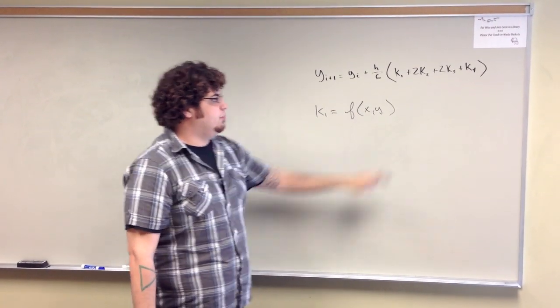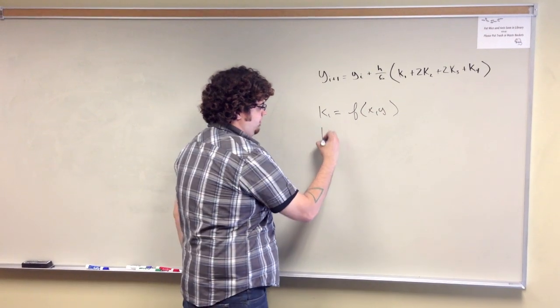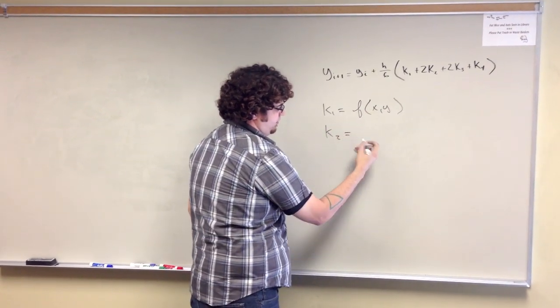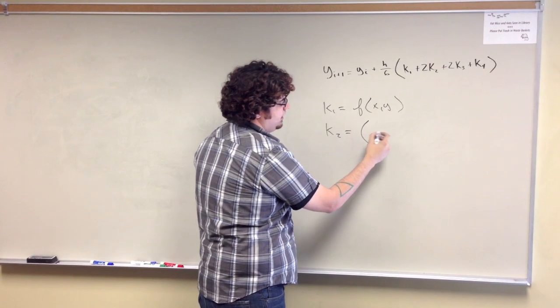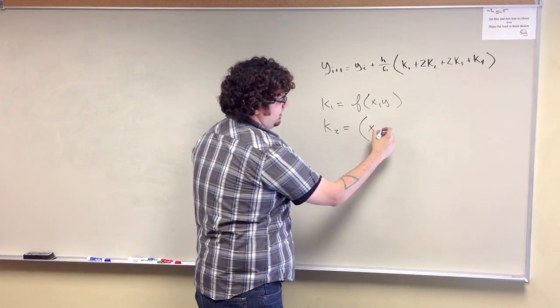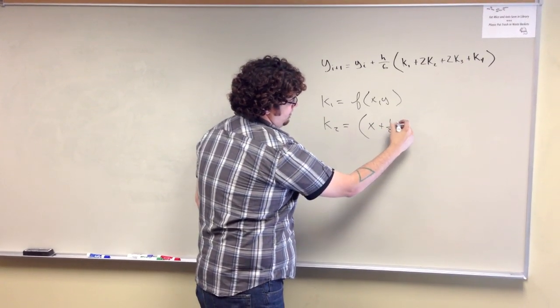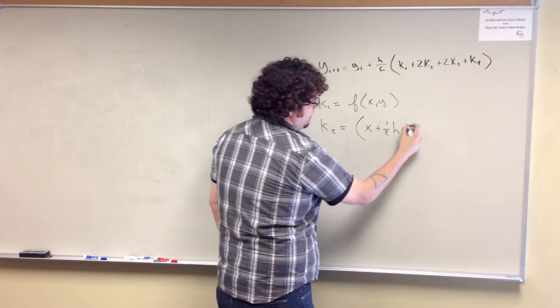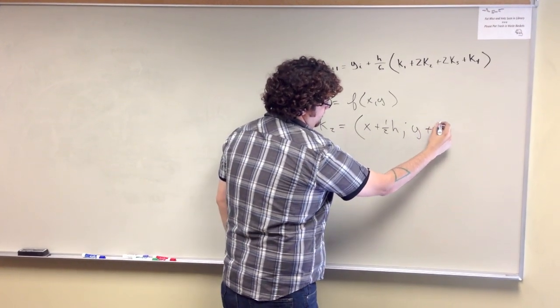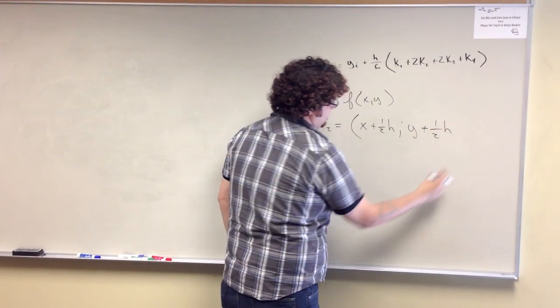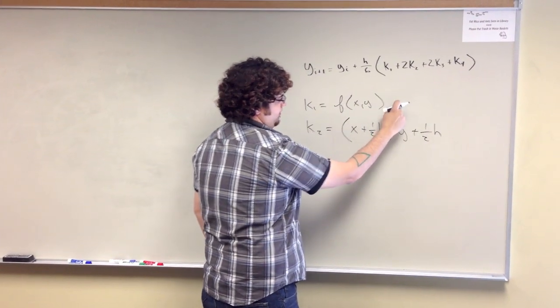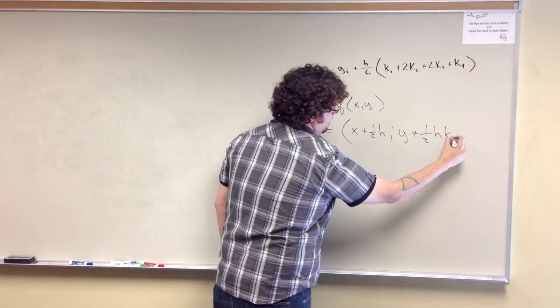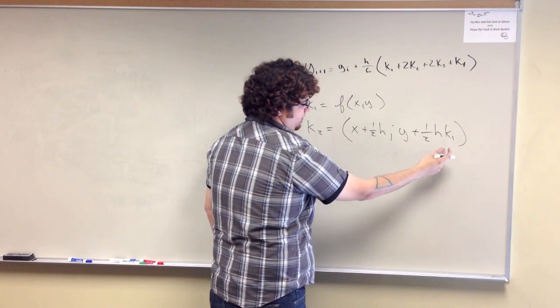Moving on to K2, what you find is this trapezoidal relationship I was talking about before, which now you're actually going to take x plus half of your step size, and then the y value, similarly, is half of the step size, but it's also taking in the value of K1 and multiplying it times that overall.